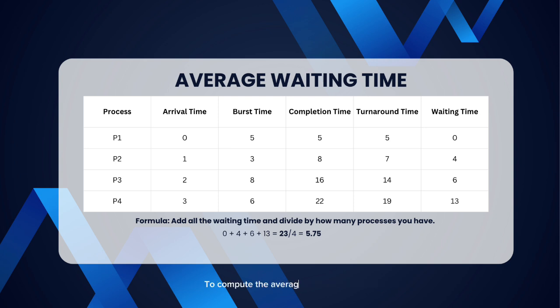To compute the average waiting time, we add all the waiting times together and divide by the number of processes. That gives us 0 plus 4 plus 6 plus 13 equals 23. Since there are 4 processes, we divide 23 by 4, which equals 5.75. This means that on average, each process waited 5.75 units of time before it started executing under the FCFS scheduling algorithm.